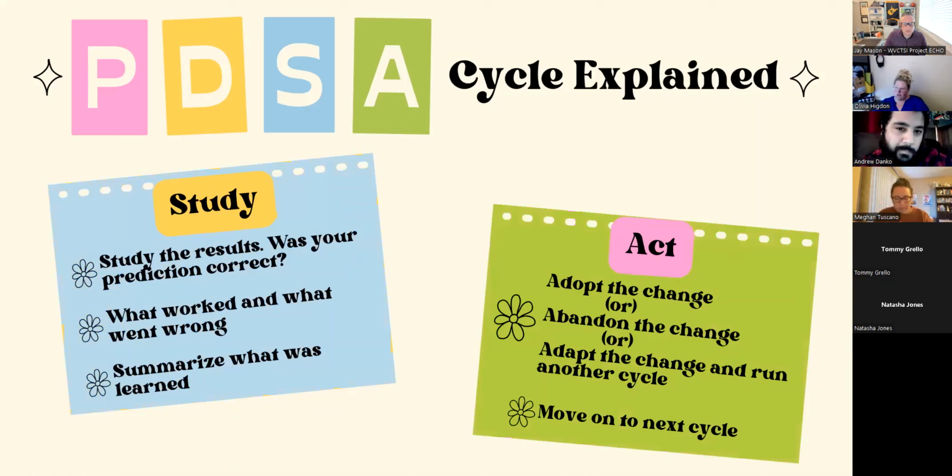Study, you will look at all of that data that you collected, all the observations that you had, kind of pick apart what's working, what's not working, and then look at what did we learn? Did this kind of target what we were wanting it to target?